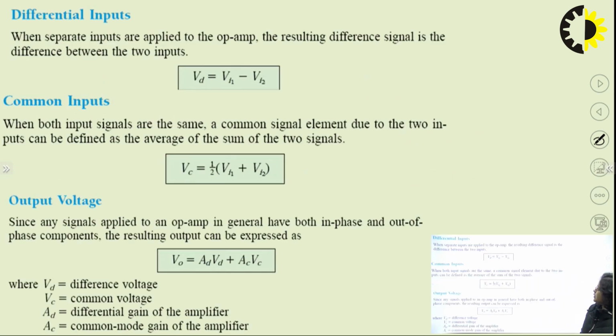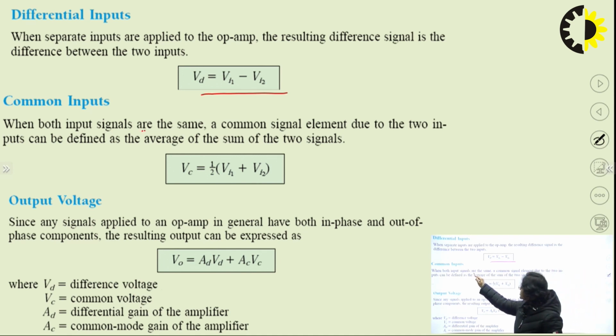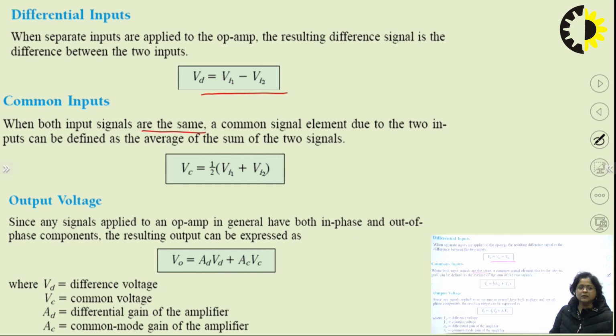So when different inputs are applied to the op-amp, the resulting difference signal is Vd equal to Vi1 minus Vi2. And when both the inputs are the same, a common signal is generated, which is the average of both the inputs, half of Vi1 plus Vi2.